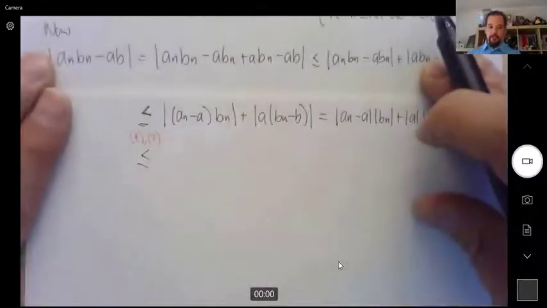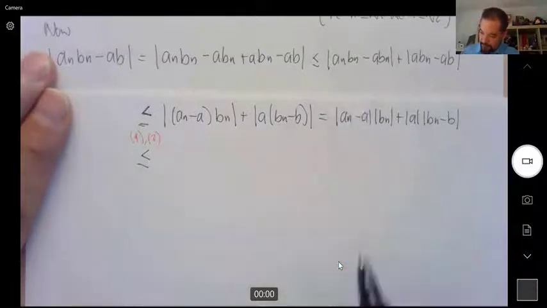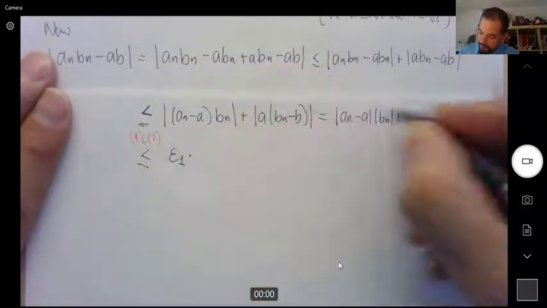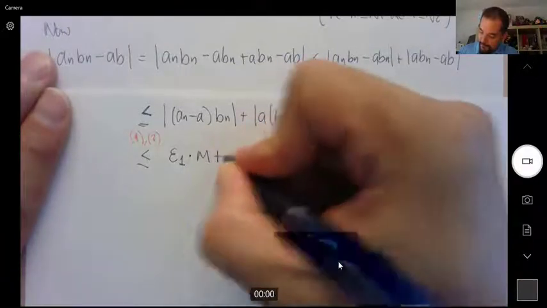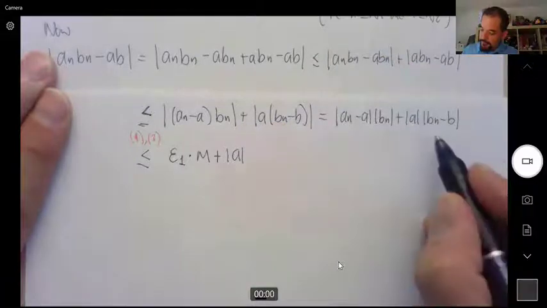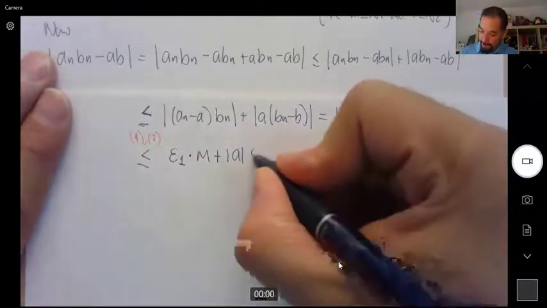So right here, this one, an minus a, is smaller than epsilon 1. bn is smaller than M. Capital A we're going to leave the way it is, it's just a constant. And bn minus b is bounded by epsilon 2.